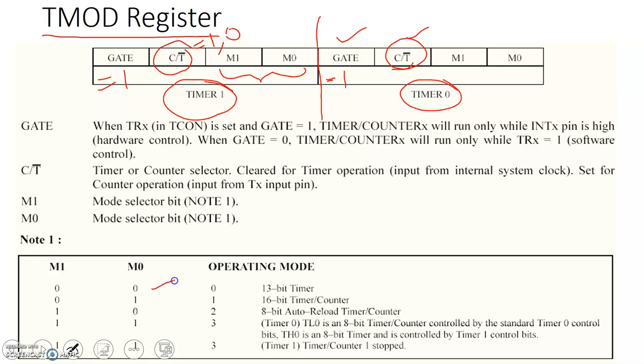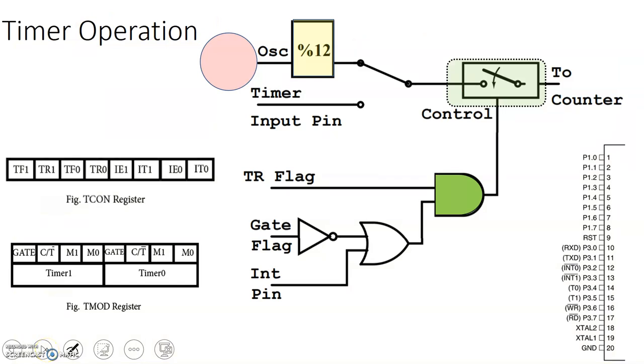It could be 00, 01, 10, 11, and correspondingly 4 modes 0, 1, 2 and 3. And we'll be talking about these modes in another lecture.